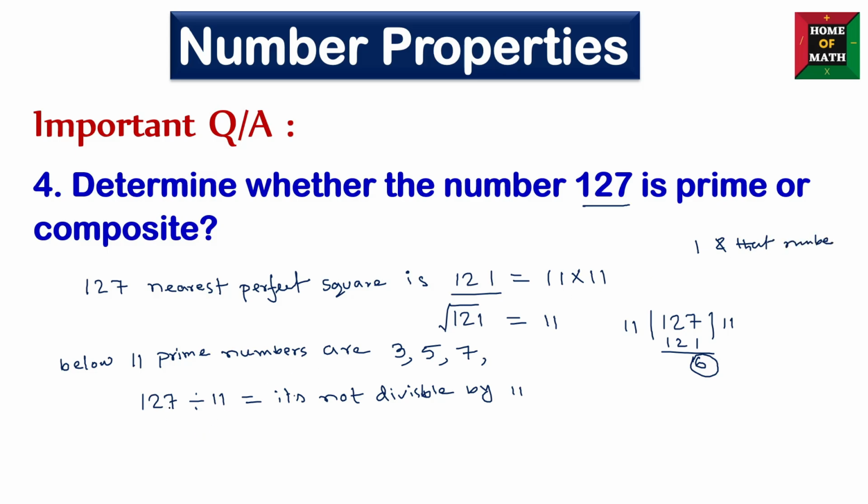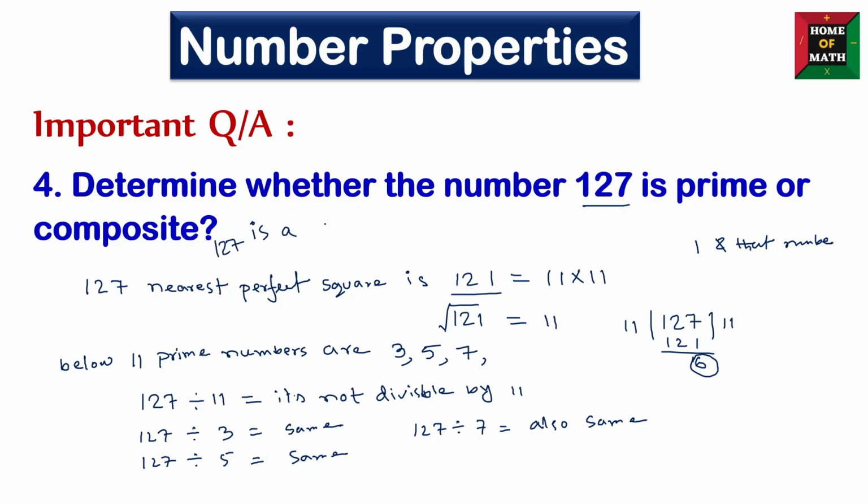Now 127 divided by 3, same thing; 127 divided by 5, same thing, there is a remainder. Now 127 divided by 7, also the same. It means 127 is a prime number.